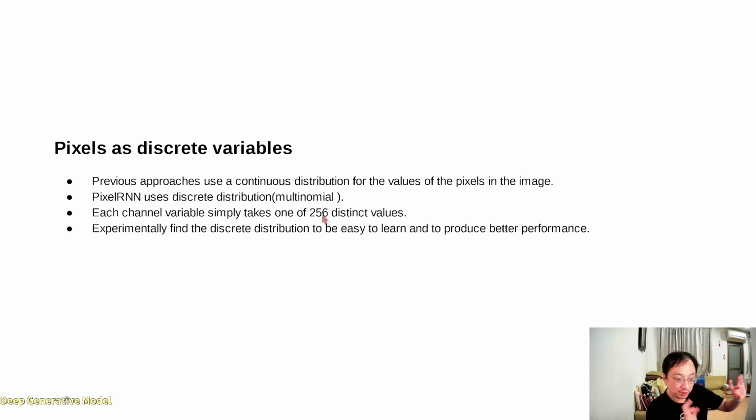So for each prediction, it is kind of like a classification to choose one thing out of 256. For each channel of this pixel, the prediction is done discretely. That is, we are treating this as a classification problem.